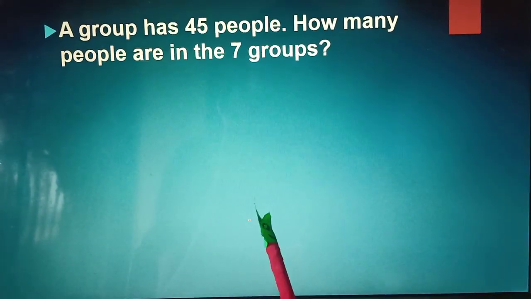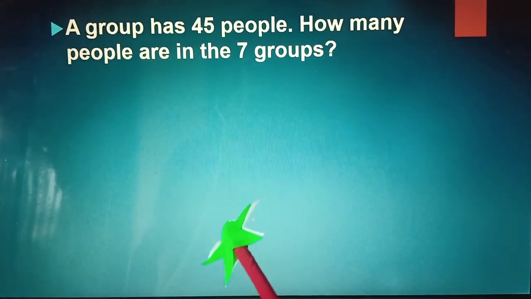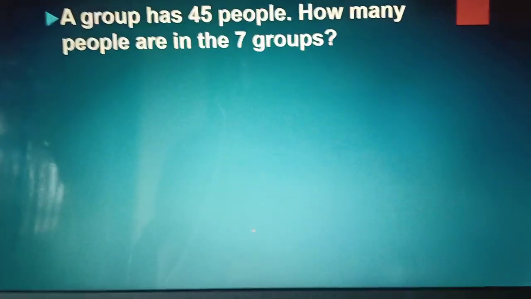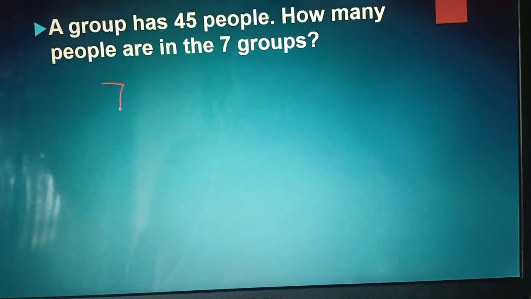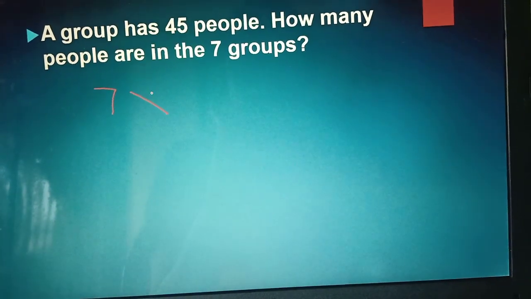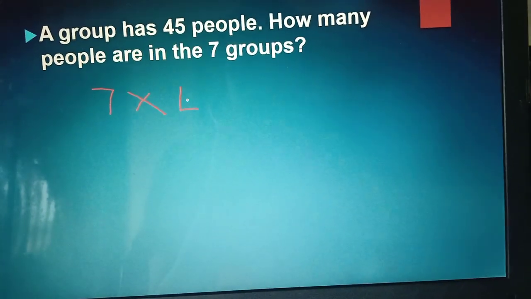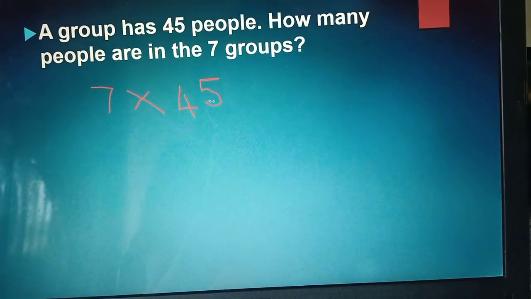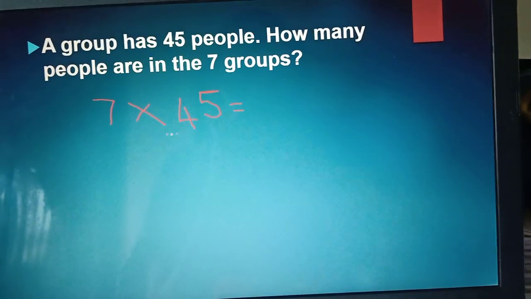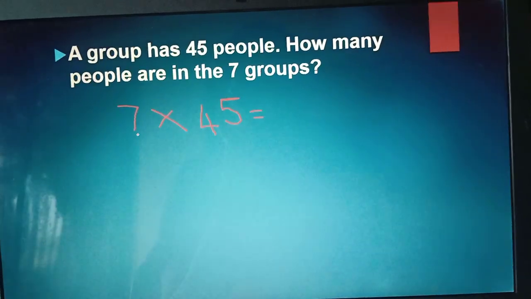To simplify repeated addition, we already learned to use multiplication. So 7 groups times 45 equals. Here we must write group.